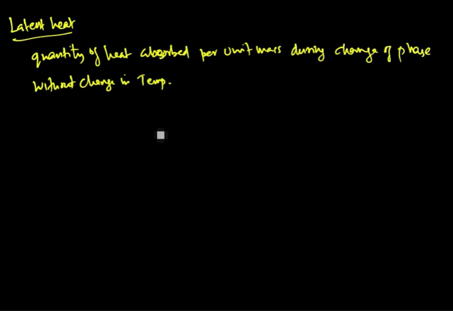So you know that, for example, if you consider water at 100 degrees Celsius, water will be in the liquid state as well as in the gaseous state. So when liquid water at 100 degrees Celsius absorbs a certain quantity of heat Q and it becomes water in the gaseous state at 100 degrees Celsius, then this quantity of heat is referred to as the latent heat.